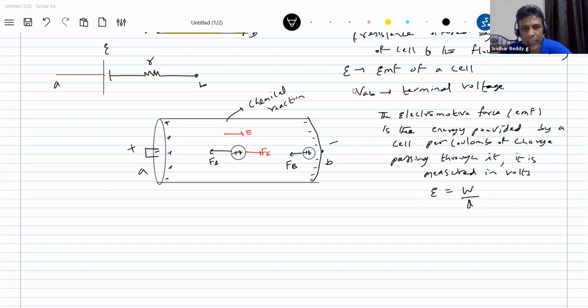Negative charge will flow, but for our convenience, we'll just take positive charge. It'll be much easier to analyze the problem, because in fact it's only negative charge which is flowing, not positive charge. I'm making things clear. Since in electrostatics we all started with a unit positive charge, a unit test charge, can you remember? I told you long back, whenever any theoretical discussion comes, we need a unit test charge. The unit test charge we assumed was positive. But later on, in the 19th century, we came to know that there is nothing like a movement or displacement of positive charge.